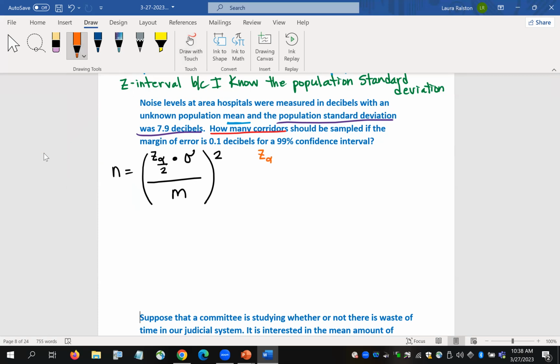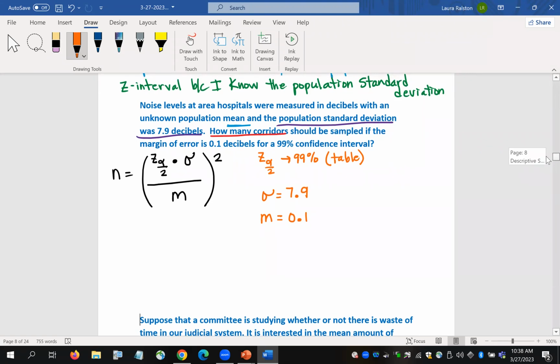Our critical value for a 99% confidence interval is going to come from the table, and I know that table is given on the test. My population standard deviation is 7.9, and I want a margin of error of 0.1. So I need to go back up to my table.